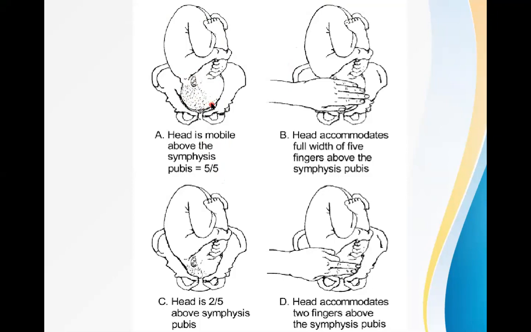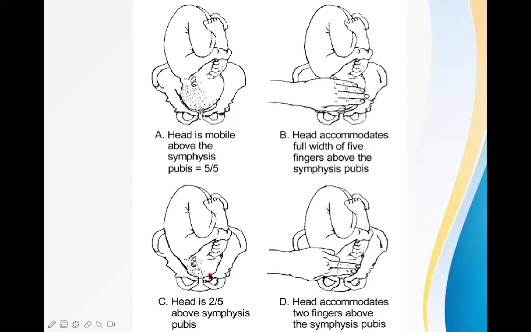In other words, see here, if we can put all 5 fingers of our examining hand above the symphysis pubis over the fetal head, that means the head is accommodating the full width of 5 fingers above the symphysis pubis, it has not descended at all.